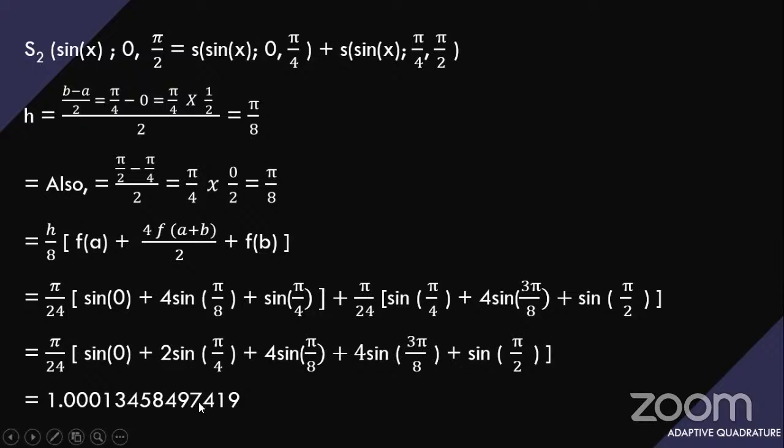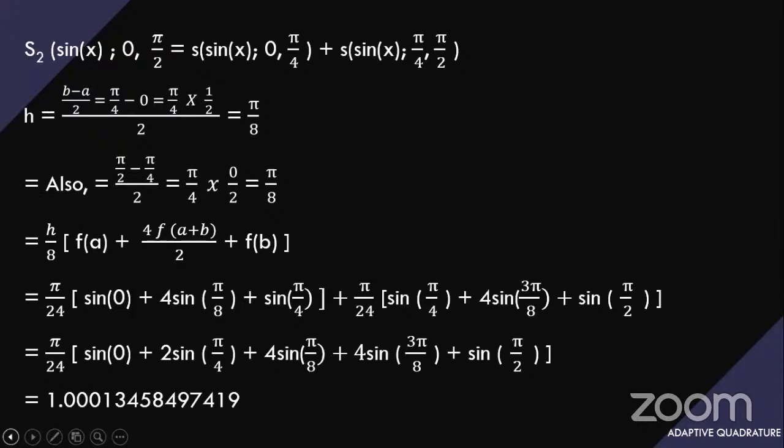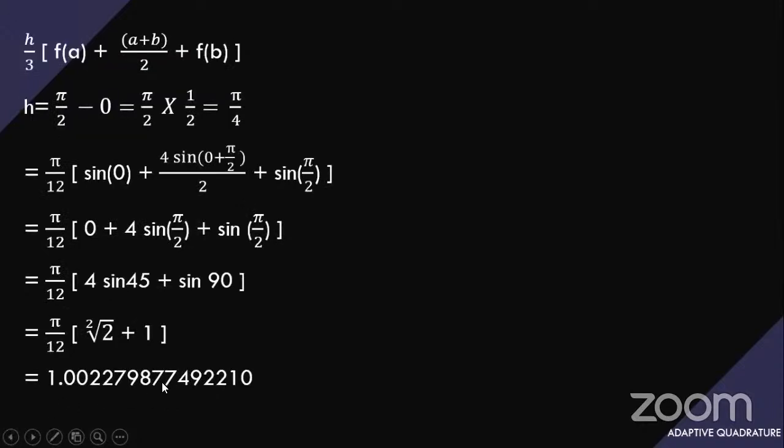And when we multiply all this, we'll get 1.00013458497. Now, if you look back at the first interval, the one they gave us, which is 0 to pi over 2, before getting the subintervals, we realize that we got 1.002279877 and the like.